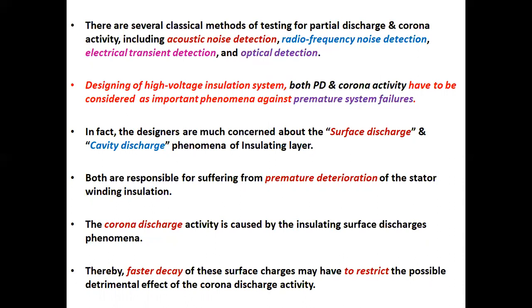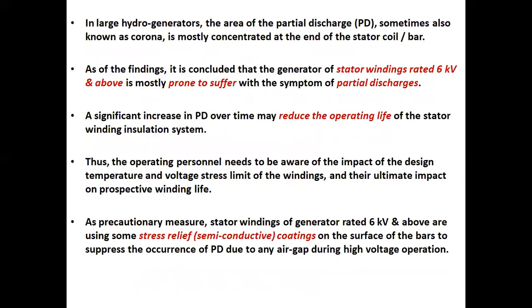Both are responsible for premature deterioration of the stator winding insulation. The corona discharge activity is caused by insulating surface discharge phenomena. Thereby, faster decay of these surface charges may restrict the possible detrimental effect of the corona discharge activity.